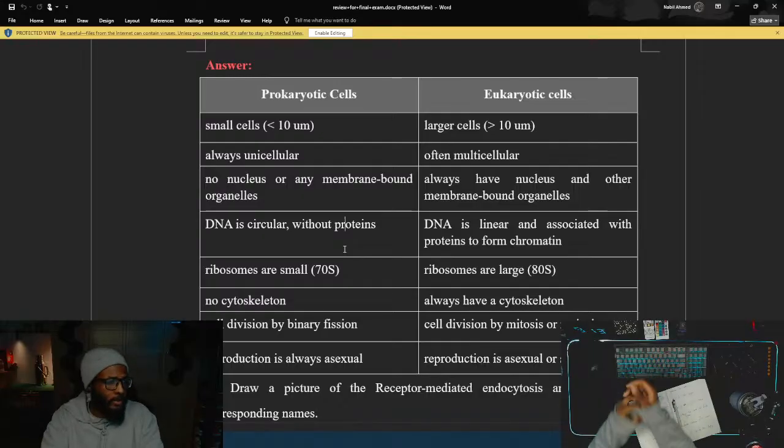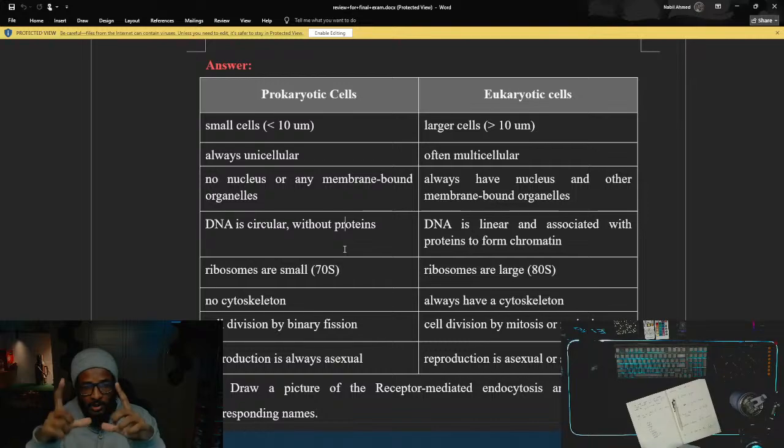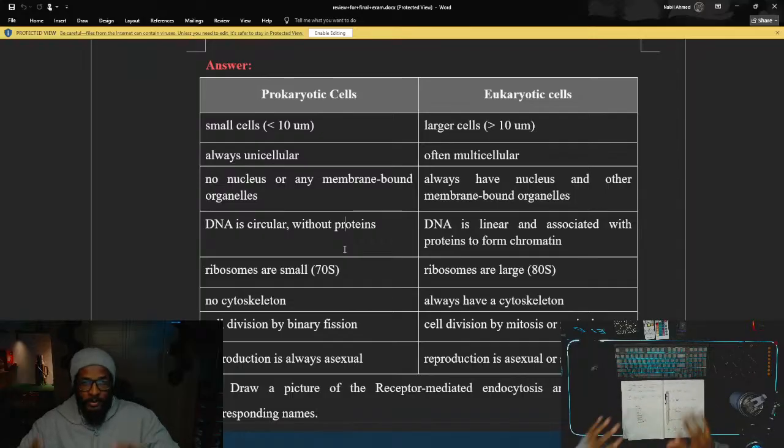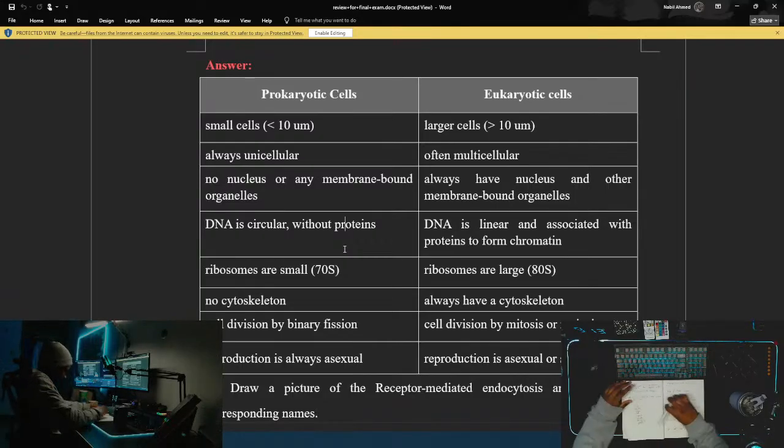So, to sum up and categorize the differences between prokaryotic and eukaryotic cells, we have them in categories. In how many categories? 1, 2, 3, 4, 5, 6, 7, 8. 8 categories.